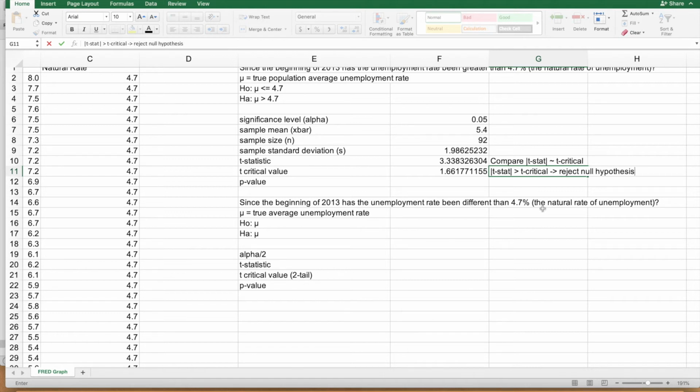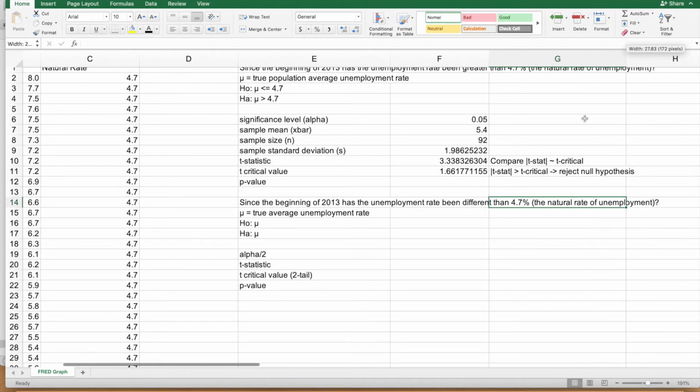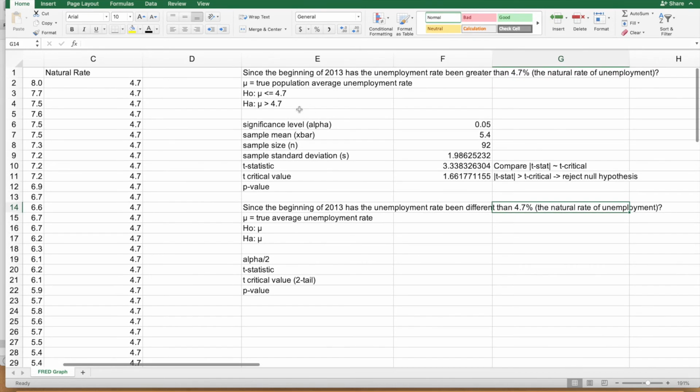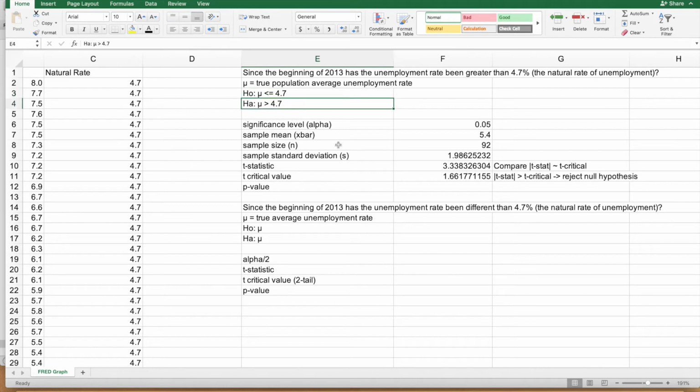And we'd say, yes, we have found enough evidence that we are willing to reject the null hypothesis that the true unemployment rate is less than or equal to 4.7 and accept the alternative hypothesis that the true average unemployment rate is greater than 4.7%. We do have enough evidence for that.